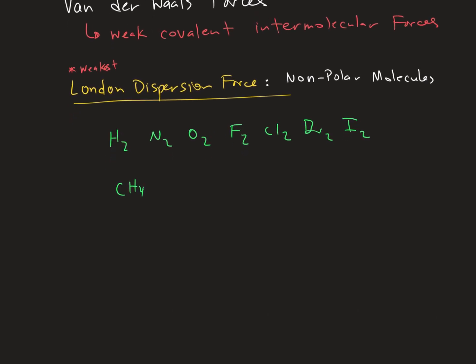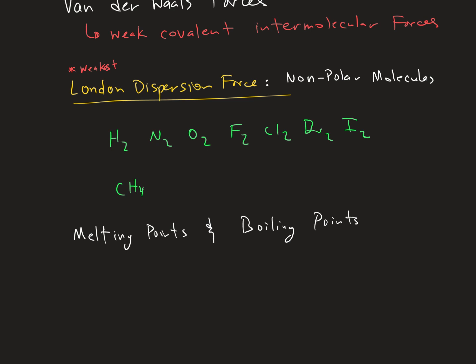Okay, so what about properties? What properties does this help us to determine? It is the melting point and boiling point. In fact, all intermolecular forces determine this, not just London dispersion.